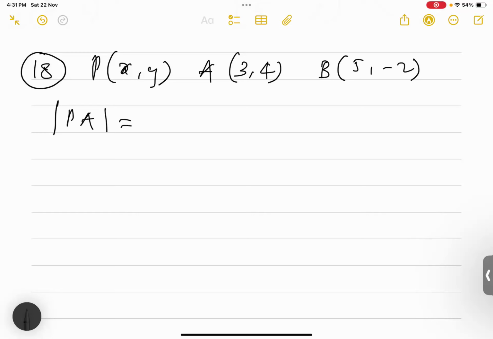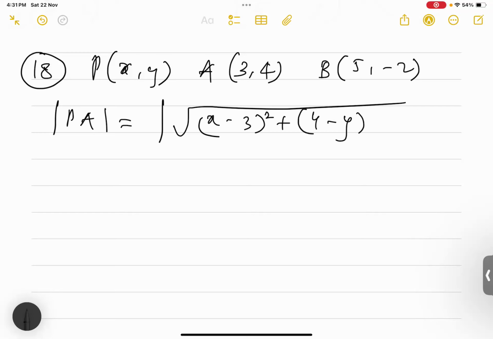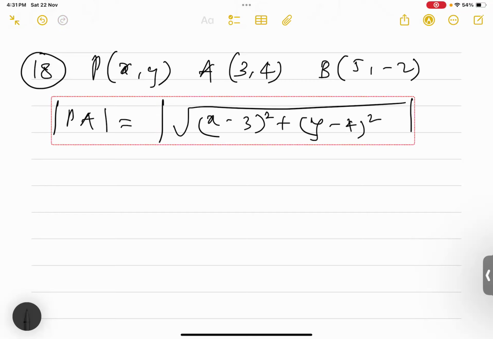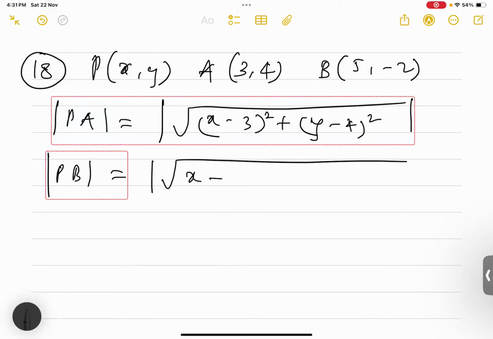Distance PA, root of x minus 3 the whole square plus y minus 4 the whole square. Sorry. We should follow the same order. And distance PB, root of x minus 5 the whole square plus y plus 2 the whole square.